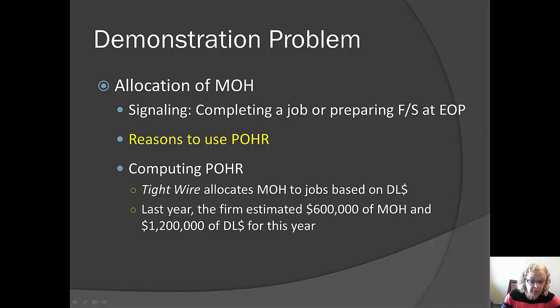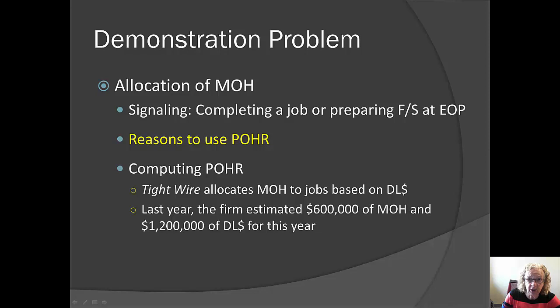Supposing we have a job and during that job a machine breaks down, so we're going to have some repair costs to fix the machine. If we assign those repair costs to the particular job that we were doing at the moment when the machine happened to break, we are going to distort our own understanding of how much various jobs cost.